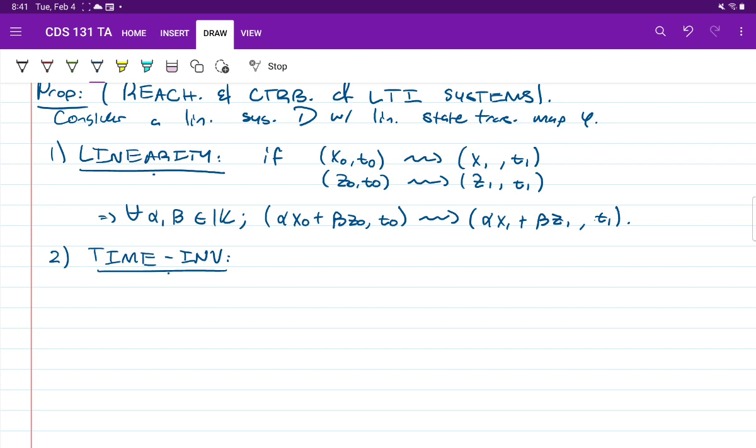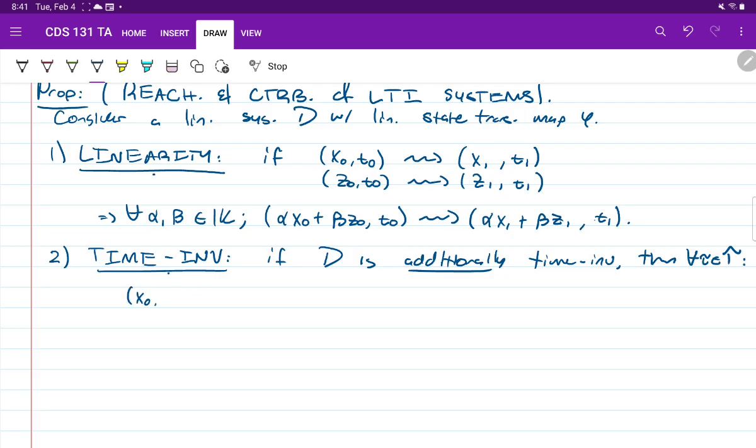Okay? All right, so I'll say if D is additionally time invariant, then I have for all tau in my time set T, x0, t0 being able to reach x1, t1 is in fact equivalent to saying x0, t0 plus tau is able to reach x1, t1 plus tau.